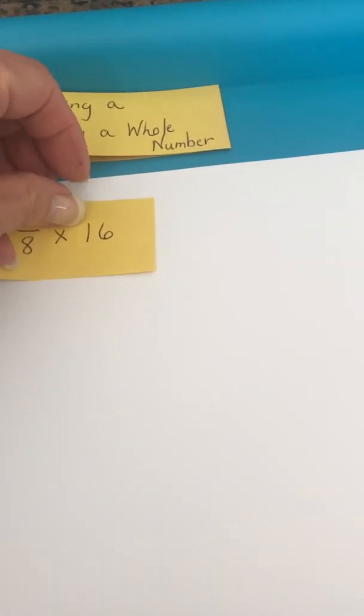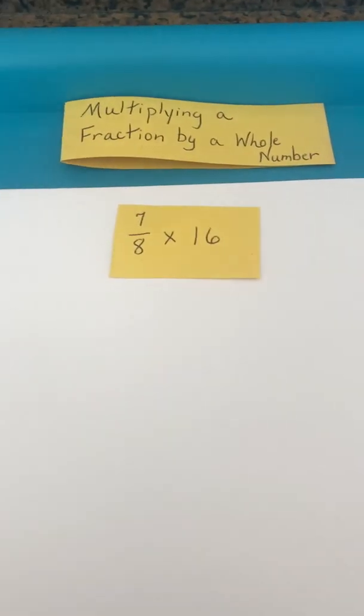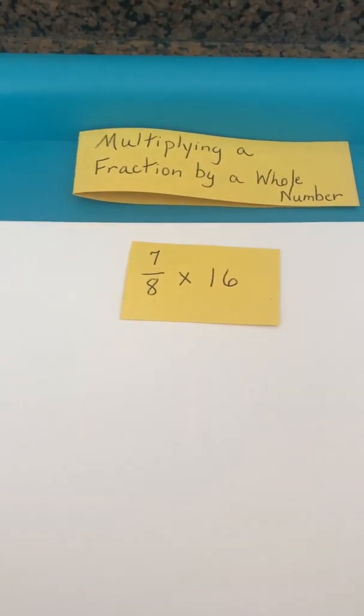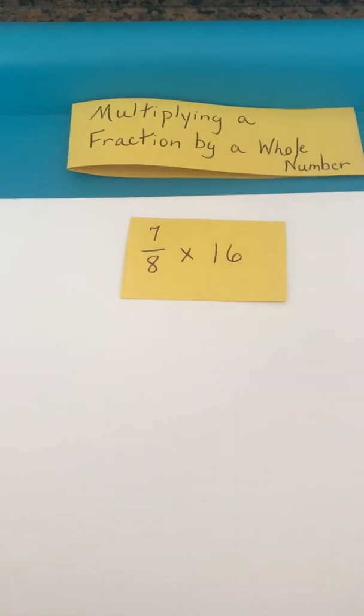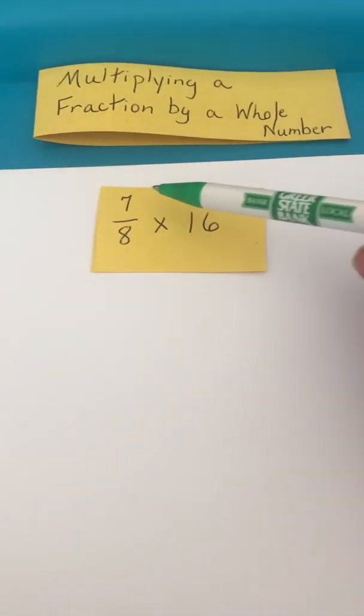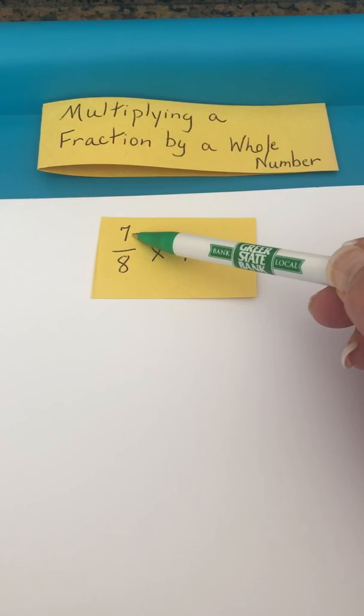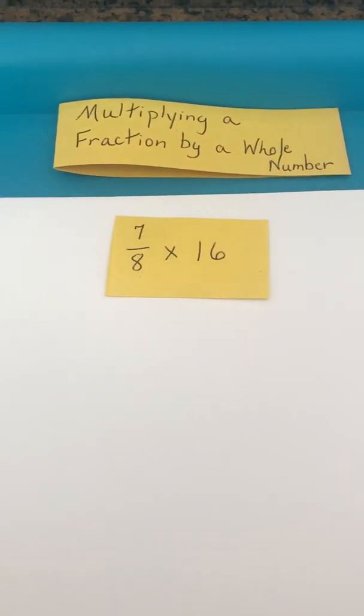Let's take a look at our next problem. Once again, we're going to be multiplying a fraction by a whole number. My fraction has gone from a unit fraction to a different number besides 1 in the numerator.